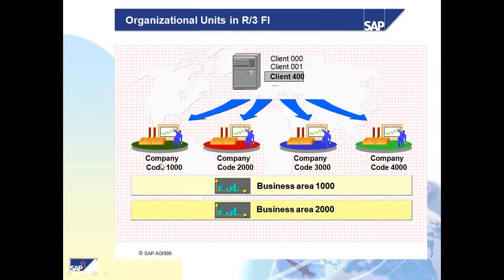Under that we can maintain the companies. So there are different companies: company code 1000, 2000, 3000. The company code is nothing but a legal entity.